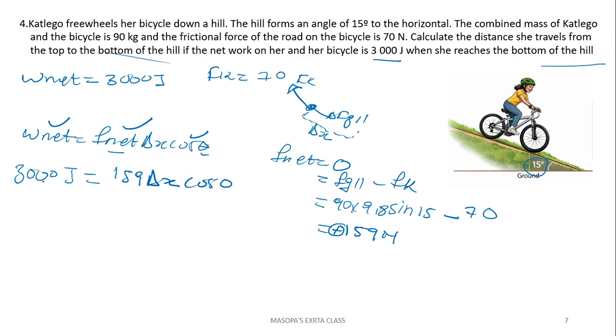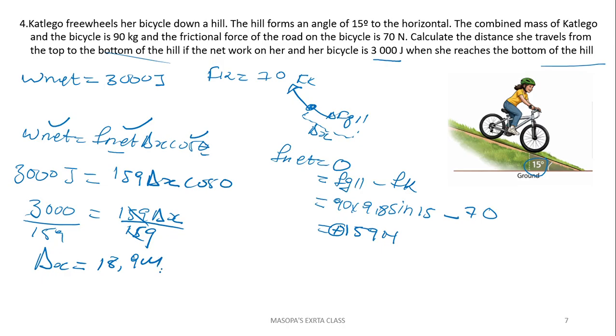So we have 3,000 equals 159 delta x. Then we're going to divide by 159 on both sides, and you get delta x equals approximately 18,9 meters.